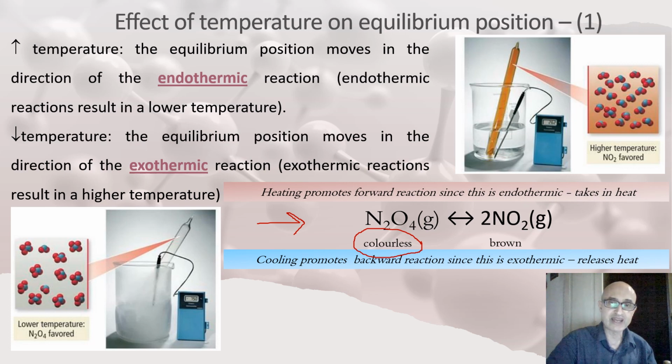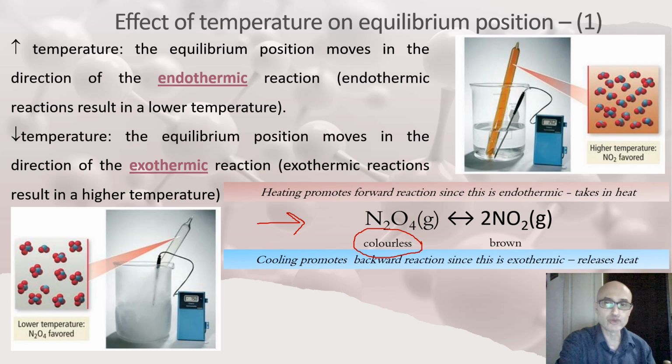If you had to change dinitrogen tetroxide back to nitrogen dioxide, you should remember also from your year 9 chemistry, when you were talking about air pollution, you would have noted at one point that nitrogen dioxide, which is a gaseous air pollutant, is a brown gas.